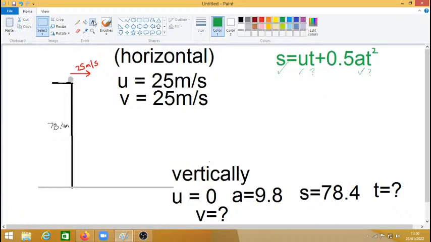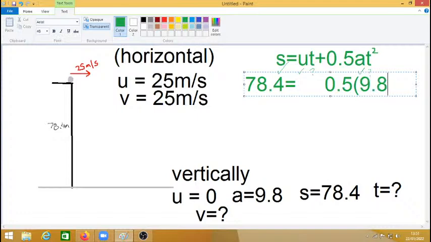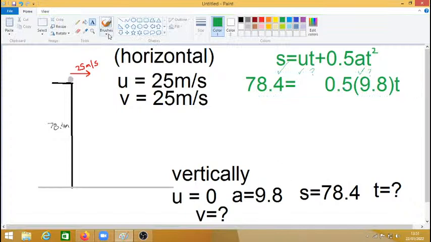So let's see what we get. First goes in 78.4, and that's equal to u is 0, so 0 times t is just going to be 0, so that just cancels out. 0.5 times a, which we know is 9.8, and t squared we'll just leave as t squared because that's not known.